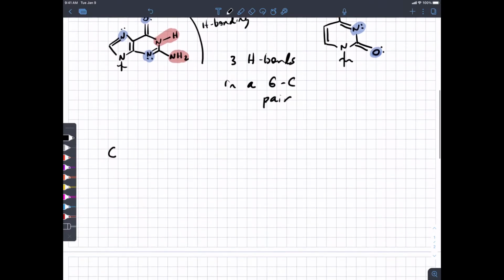On the left, we'll draw C, and we're going to draw it in a sort of unusual way, sort of tipped on its side. Here is going to be the glycosidic linkage with the sugar. Then here is the oxygen, here is the nitrogen.